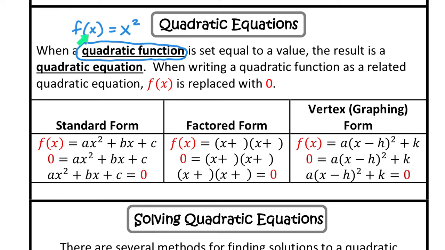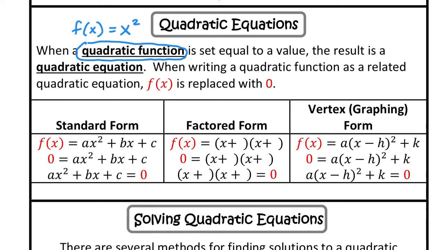But when you put an f of x on it, it's called a function. And then when writing a quadratic function as a related quadratic equation, f of x is replaced with 0.